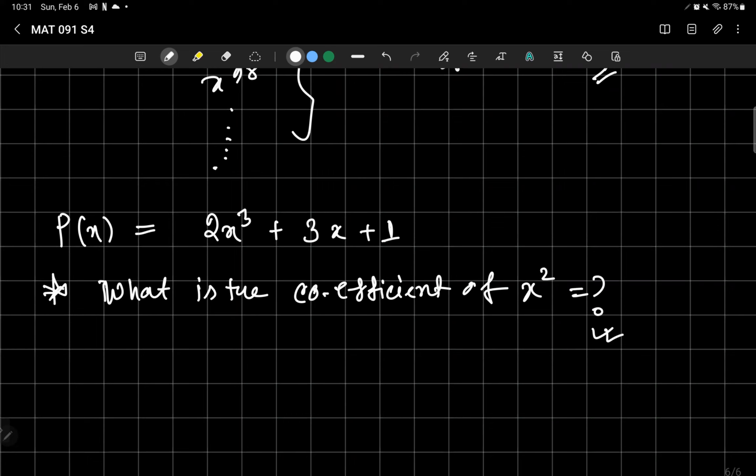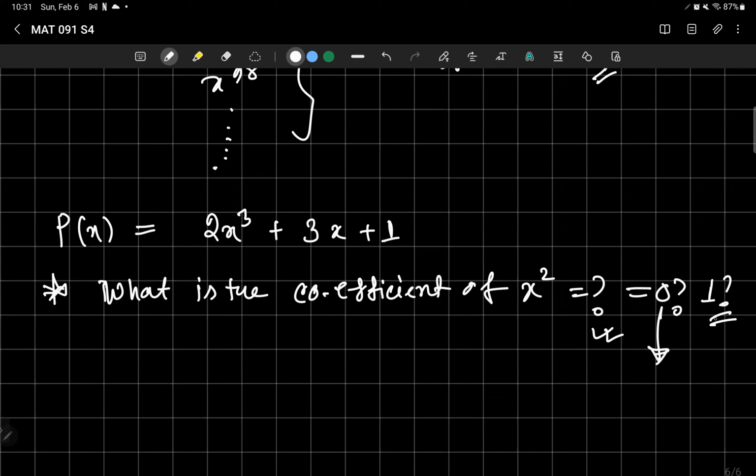Can anyone tell me what this is? The coefficient of x squared? Sir, 0. 1. 1. Okay.